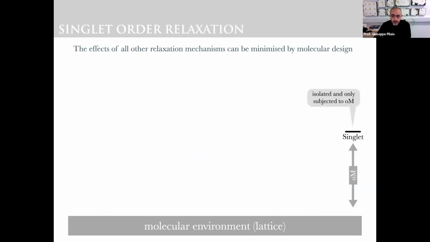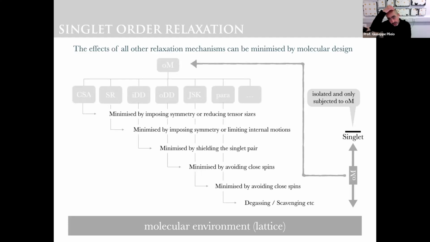Now, if we isolate the other mechanisms, there is a plethora of those which have been known to the NMR community for a long time. These fall under the names of chemical shift anisotropy, spin rotation, intermolecular dipolar coupling, out-of-pair dipolar coupling, scalar coupling of the second kind, paramagnetic, and so on.